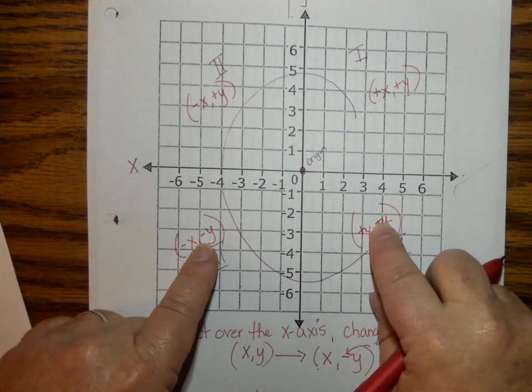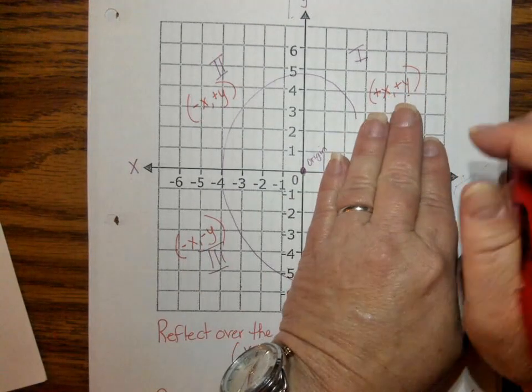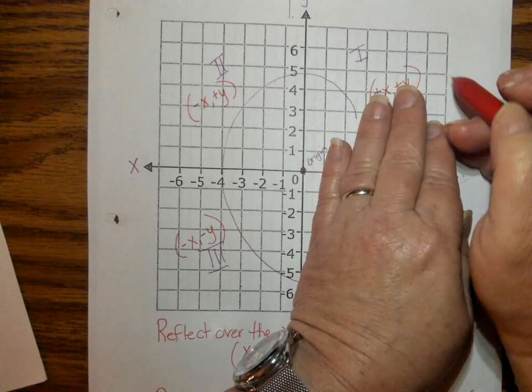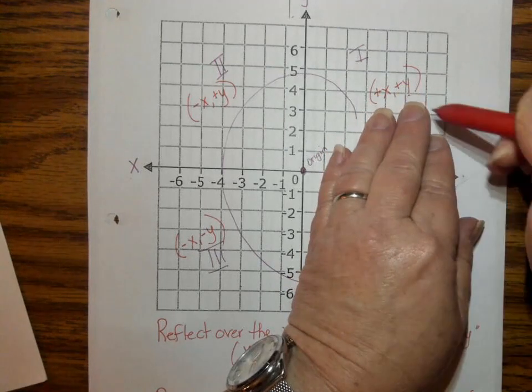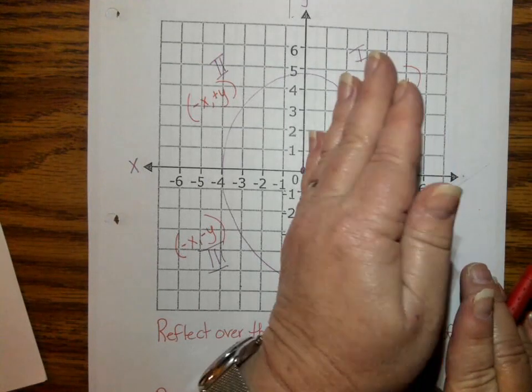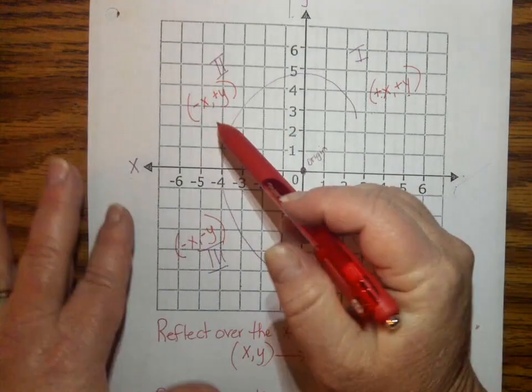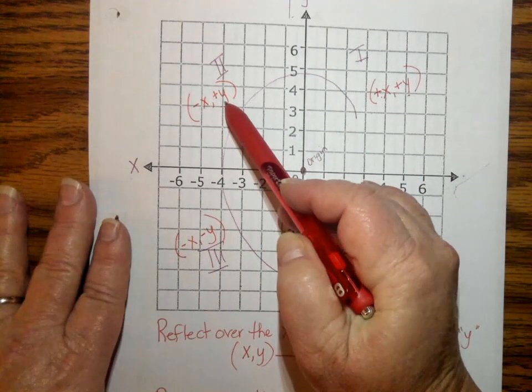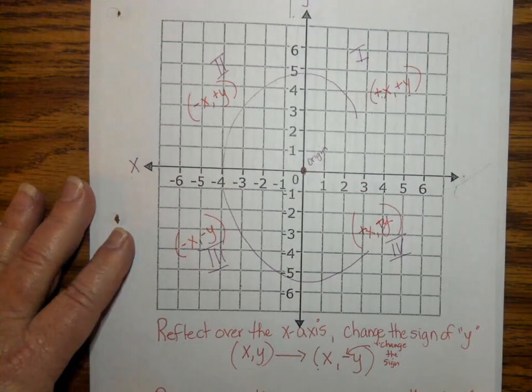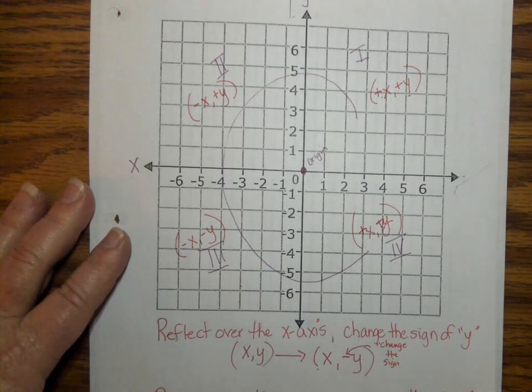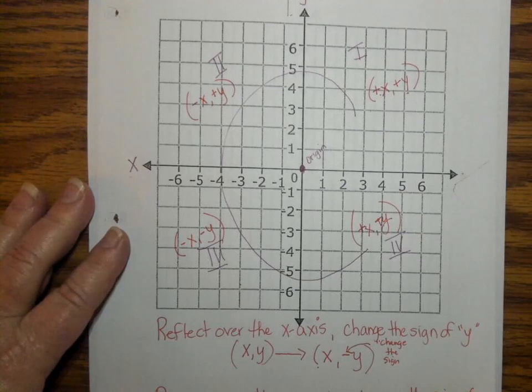Okay, so if you notice, if I start over here, I start with a positive y. If I reflect over the y-axis, I end up with a negative x and a positive y.